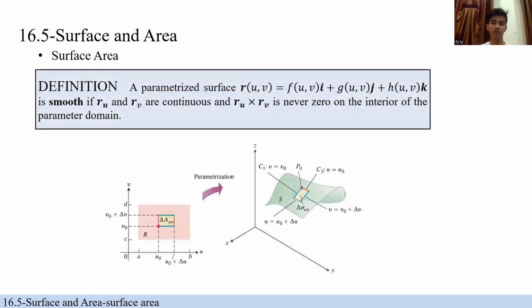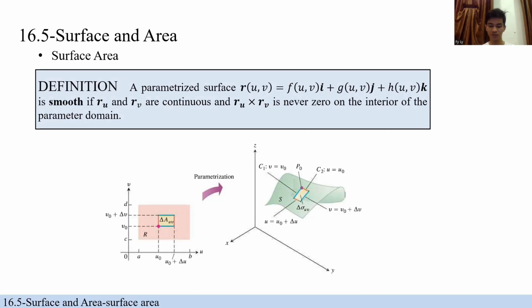The definition: a parameterized surface r(u, v) equal to function f(u, v) i hat plus function g(u, v) j hat plus function h(u, v) k hat is a smooth surface if r_u and r_v are continuous and r_u cross r_v is never 0 on the interior of the parameter domain.